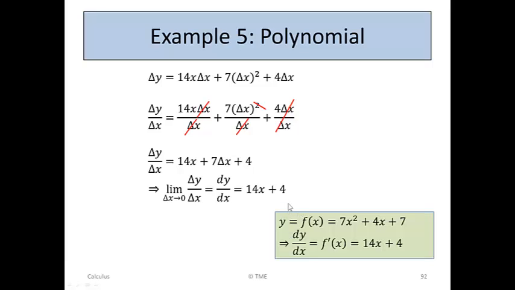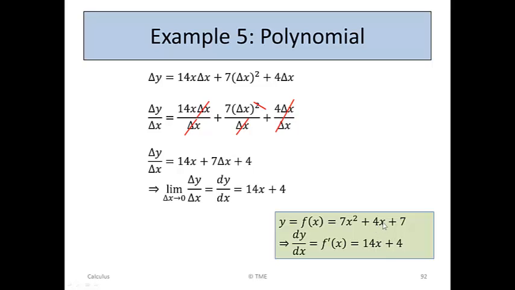And if we were to do this without using first principles, we would say if y was equal to f of x is 7x squared plus 4x plus 7, and we were asked to do dy dx using the general rule, or f dash x, we would say leave the 7, take down the 2 as a multiplier, so 2 times 7 would give us 14, and reduce the 2 by 1 at the top, so it will be 14x to the 1, or 14x.